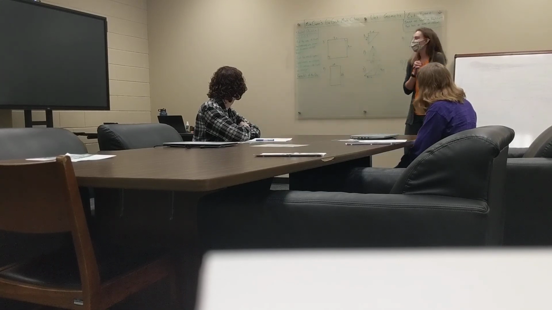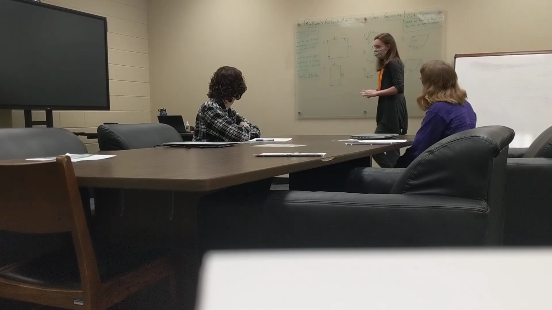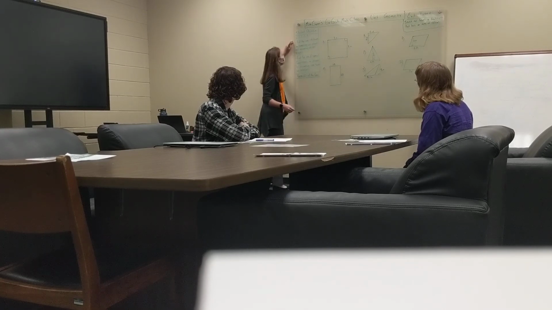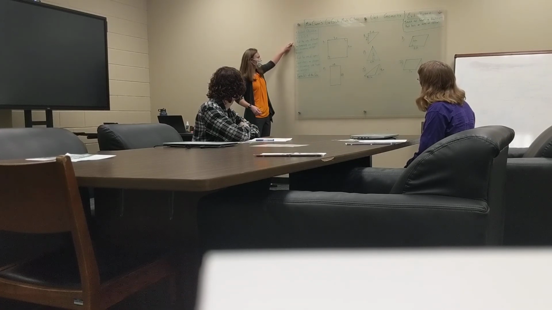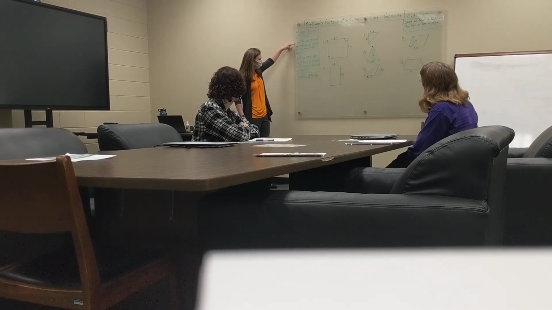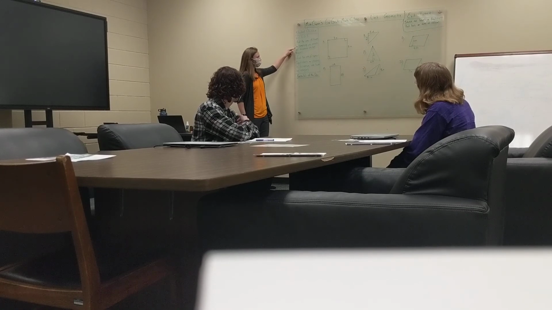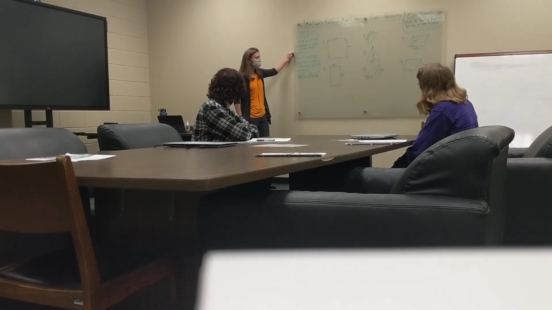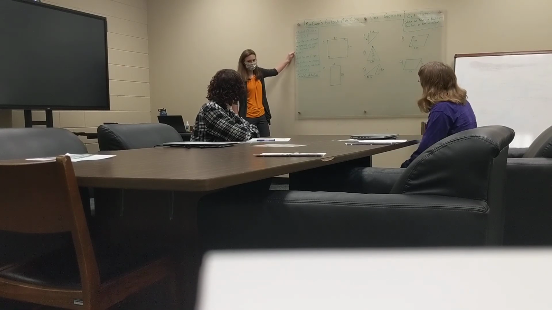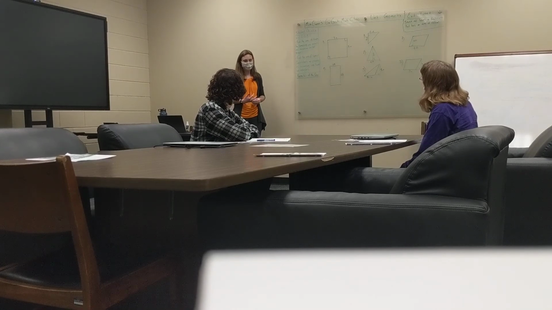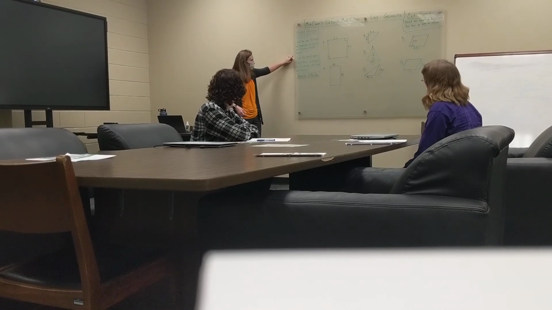So, can we read the student objective today? Let's repeat after me. Today we should be able to find the area of triangles, by composing into rectangles, and decomposing into right triangles. Very good. We're going to read the second bullet point now.